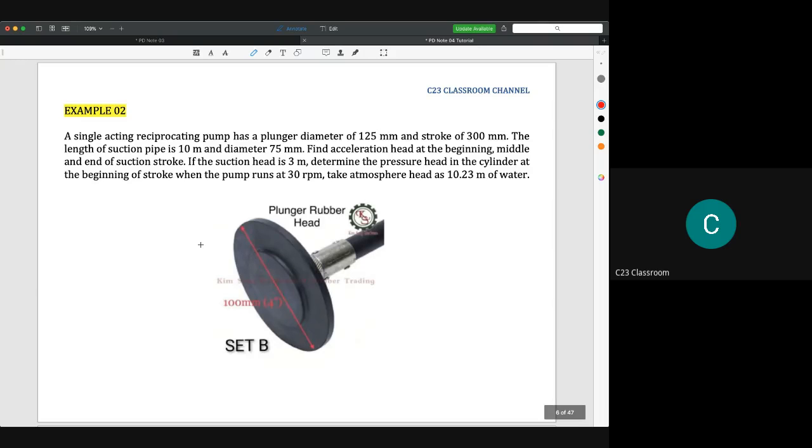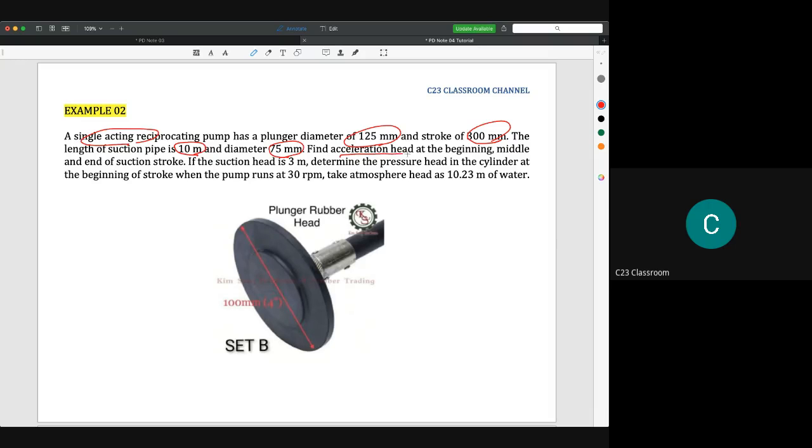So this is example 2. In here, we have a single acting reciprocating pump with a plunger diameter of 125 millimeter and a stroke of 300 millimeter. The length of the suction pipe is 10 meter and the diameter is 75 millimeters.